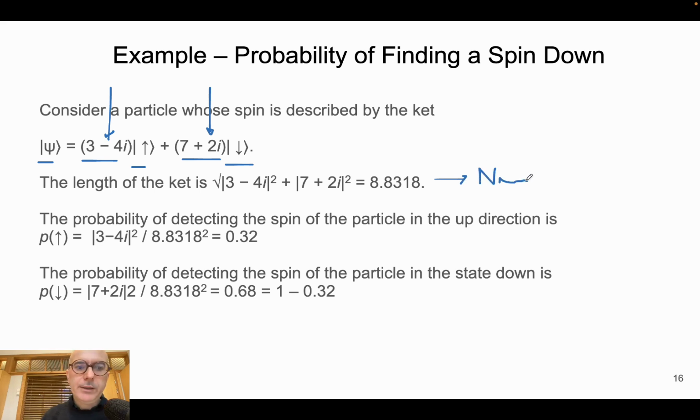And then we can find the probability of finding the electrons in the spin up by taking this number.